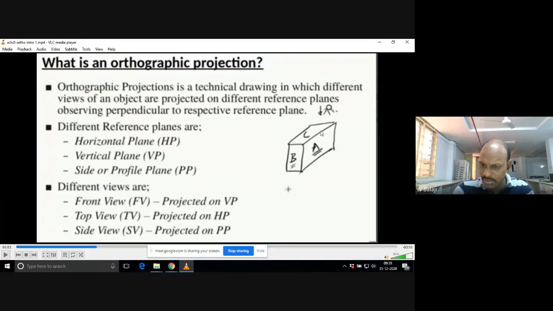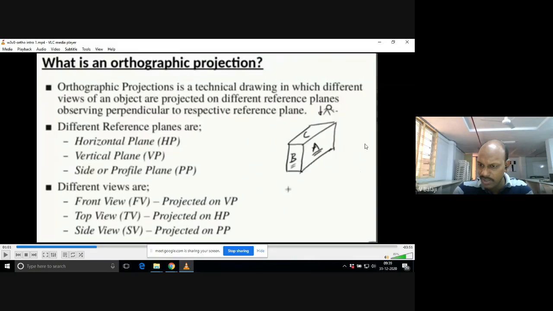But where is that image falling? This C face is falling on which reference plane? The horizontal plane. Very good. Because we are looking from the top, I call it the top view.